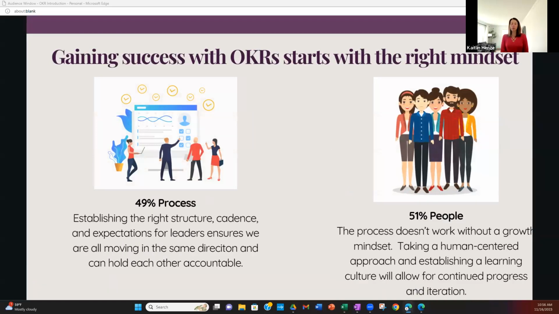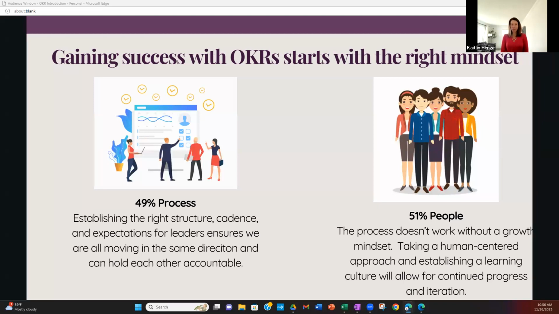One of the most important factors about OKRs is having a growth mindset. So I like to say that OKRs are about 49% process and slightly more with 51% people. If we go into OKRs and create a standard operating cadence, we have our 5-step process that we employ each year.